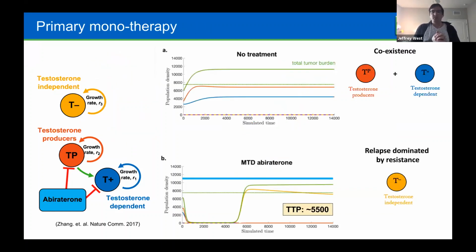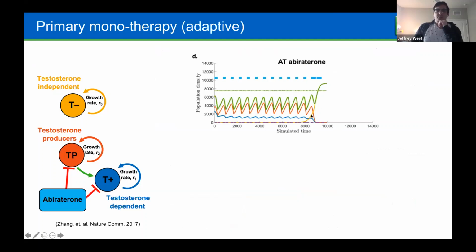So we've seen this before. If you run this model without treatment, you get coexistence of producers and independent cells. With continuous abiraterone in blue here, you get the release of independent cells. And if we give it adaptively, we get an extension of the time to progression, but these yellow resistant cells are ultimately the mode of failure here.